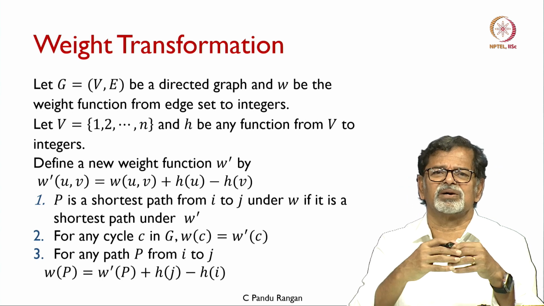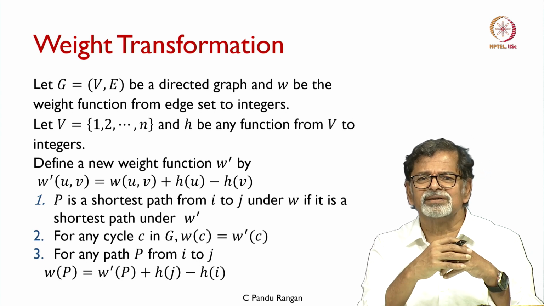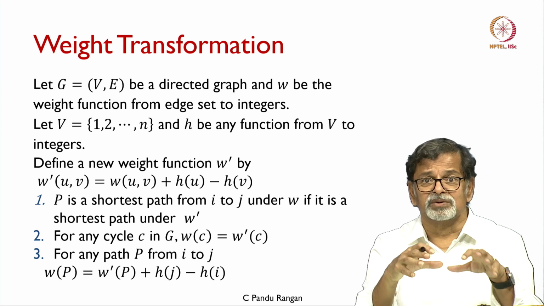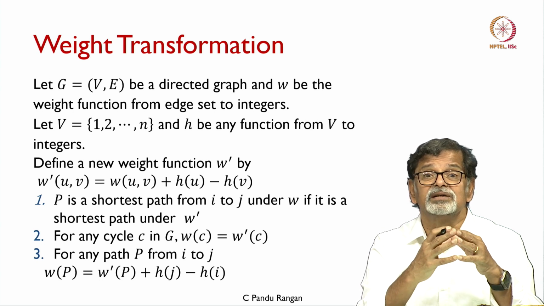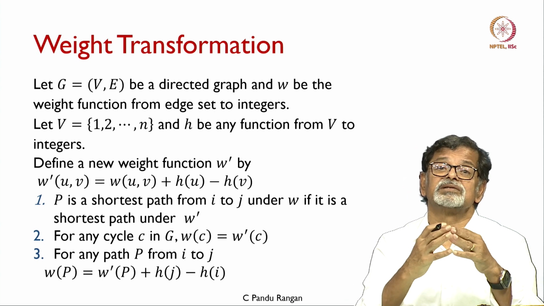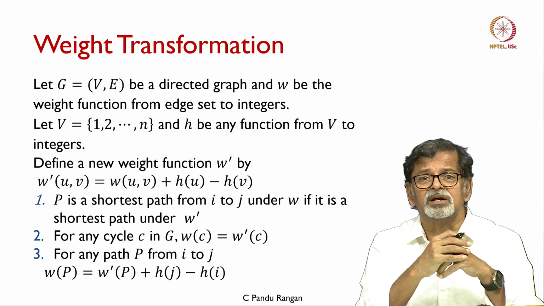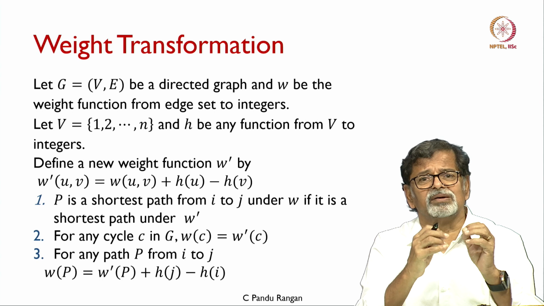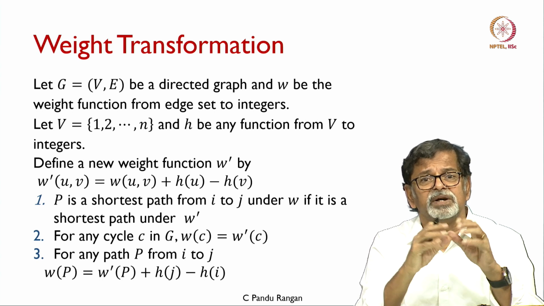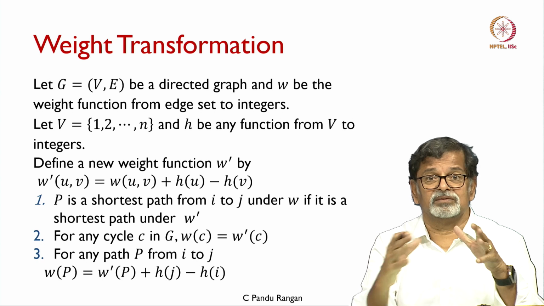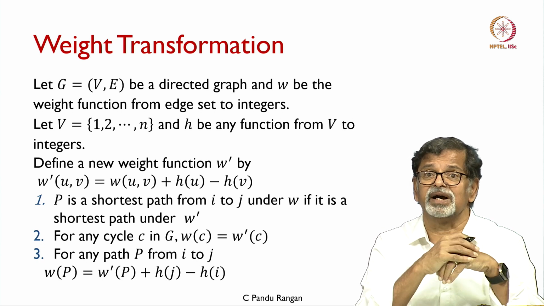You call that a shortcut, or an alternative way of doing it. In computer science we value such ideas because these alternate methods sometimes could be computationally very efficient. So transformation is a very powerful and interesting idea, and we are using that in computer science. Here is a very good instance of that.